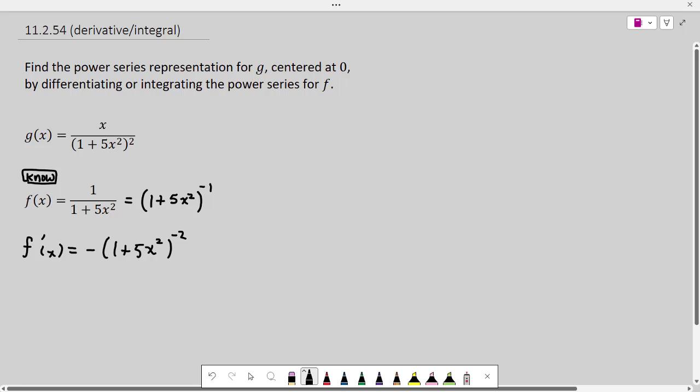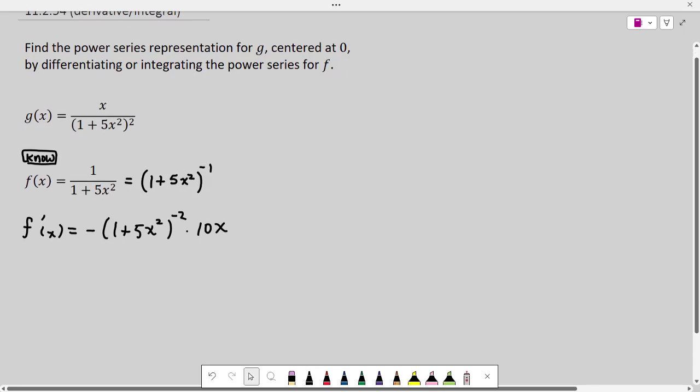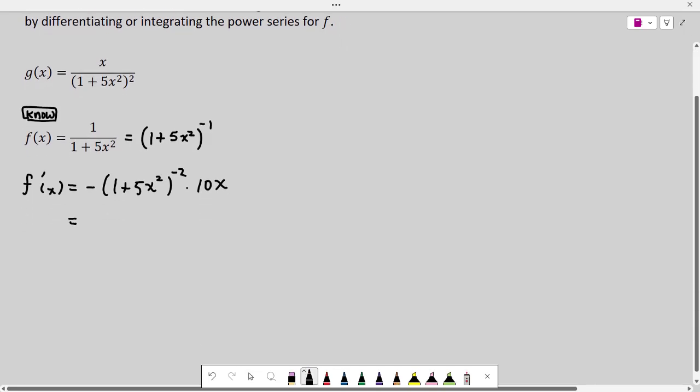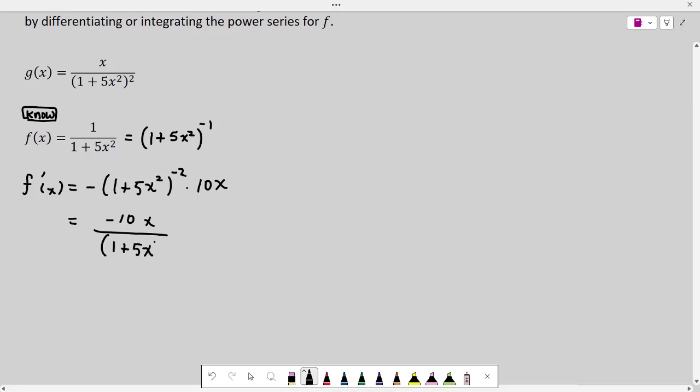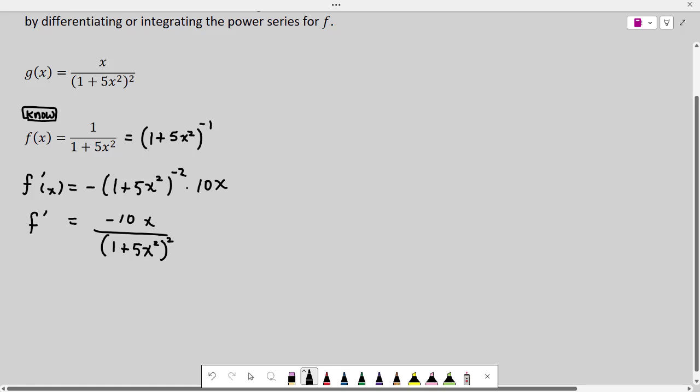Now multiply by the derivative of what's in here, so that's going to be 10x. If we simplify this, that's negative 10x over 1 plus 5x squared, squared. So there's f prime of x.